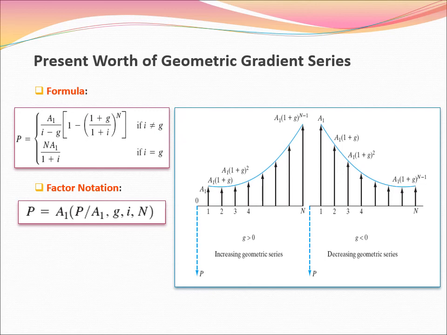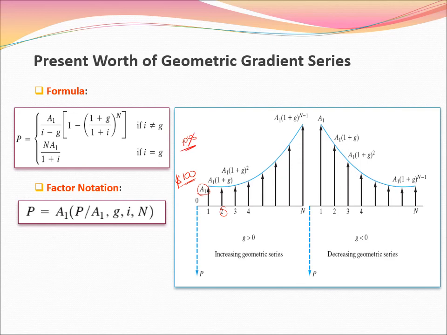So what happens, for example, at the end of the first year, you make a payment of A1, let's say $100. And then at the end of the second period, you increase this by a constant percentage, let's say 10%.